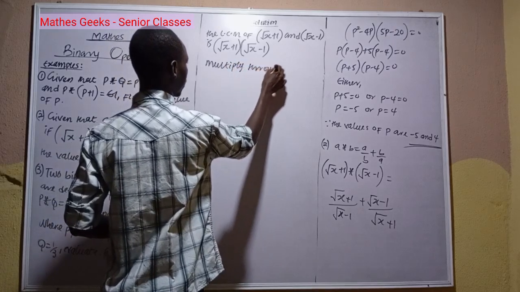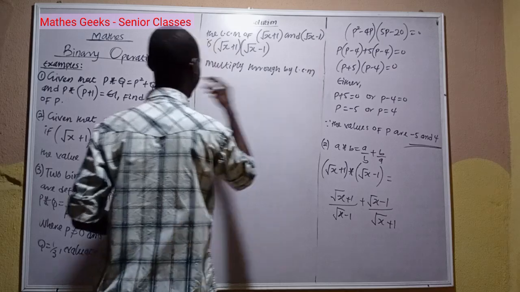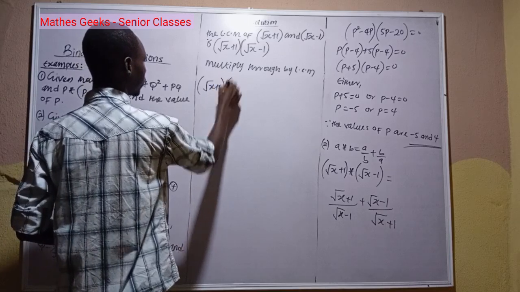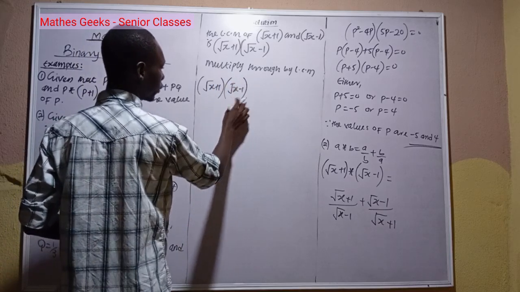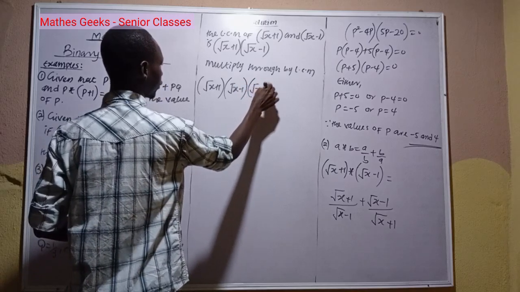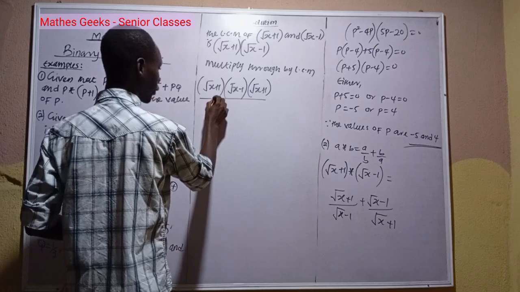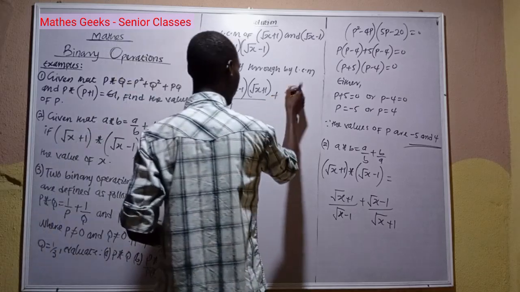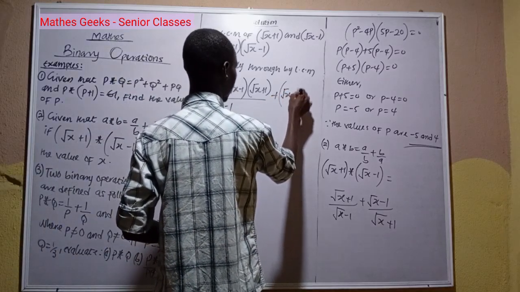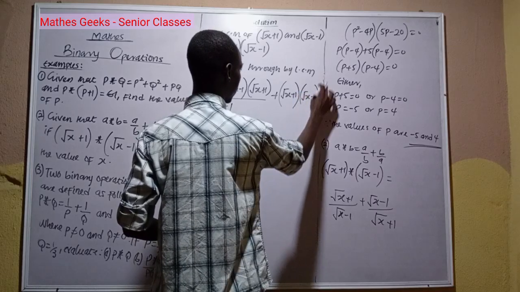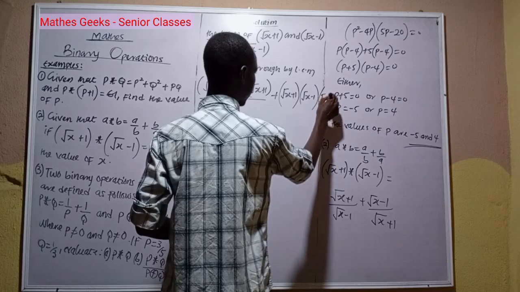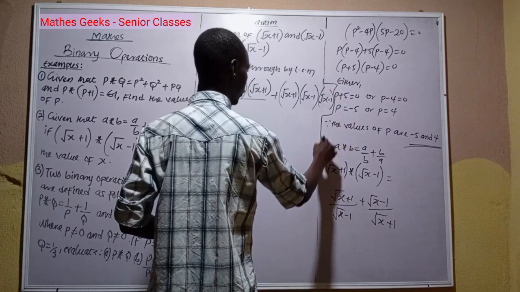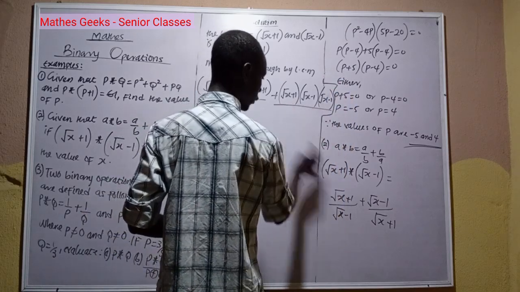Multiplying through by the LCM: root x plus 1 and root x minus 1 multiplied by root x plus 1 over root x minus 1, plus root x plus 1 and root x minus 1 multiplied by root x minus 1 over root x plus 1.